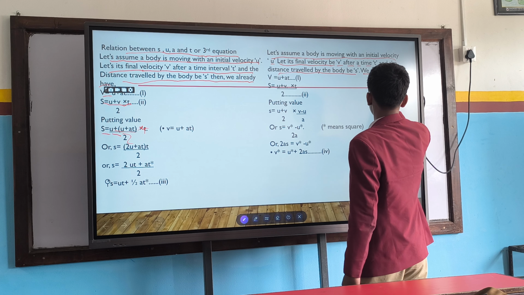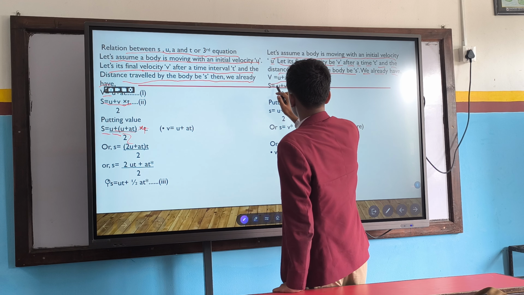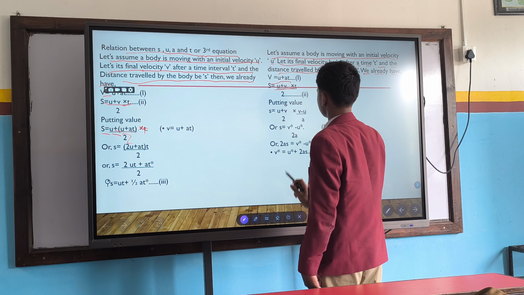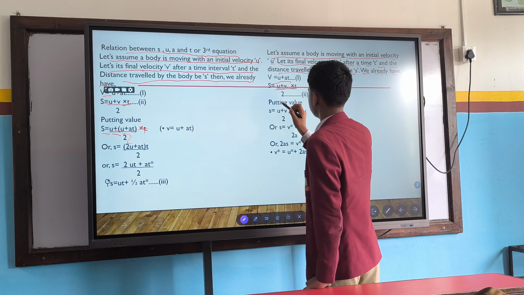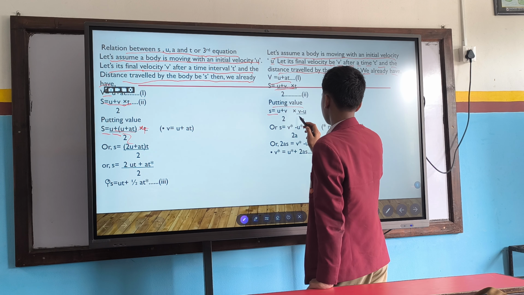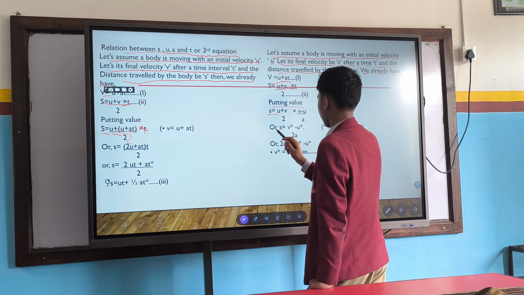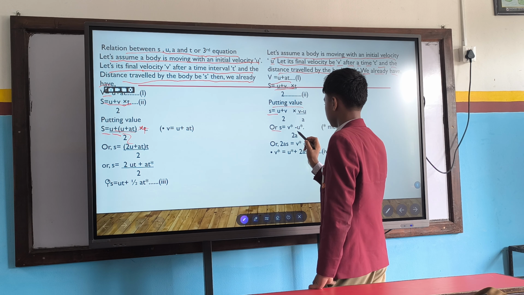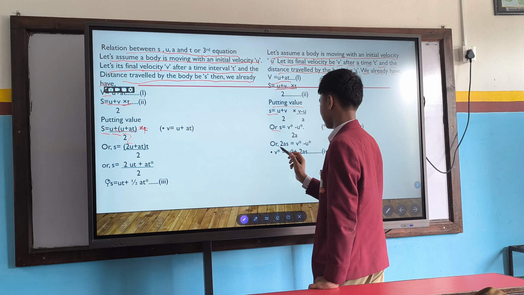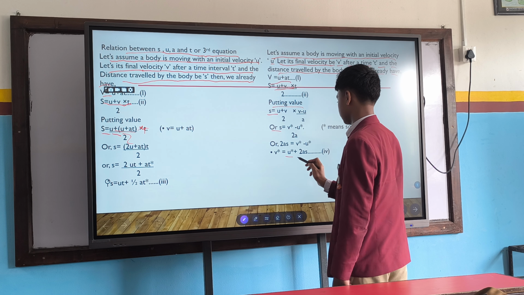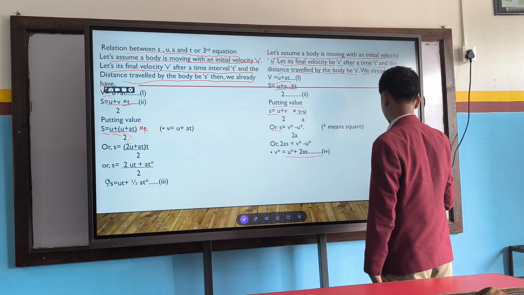As we already have v equals u plus at, t equals v minus u by a. From the equation s equals u plus v by 2 into t, putting the value, s equals u plus v by 2 into v minus u by a, or s equals v squared minus u squared by 2a, or 2as equals v squared minus u squared. v squared equals u squared plus 2as.